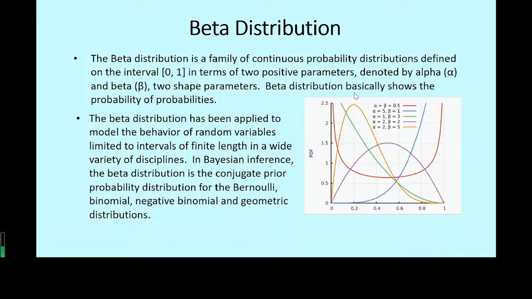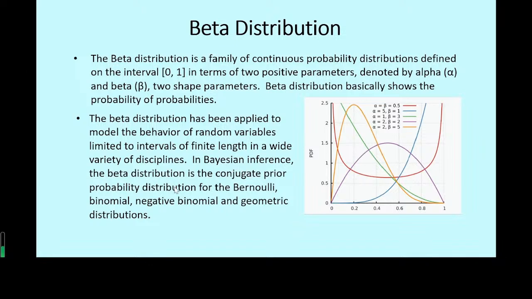The beta distribution basically shows the probability of probabilities, because the random variable in a beta distribution is only available between 0 and 1. So it is perfect to use the beta distribution to model, for example, a prior distribution in Bayes statistics.